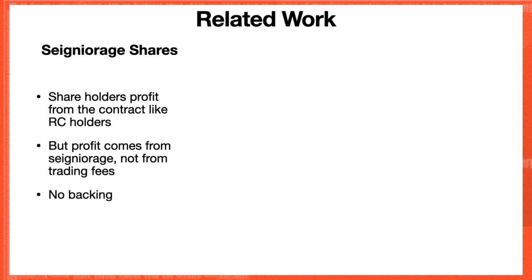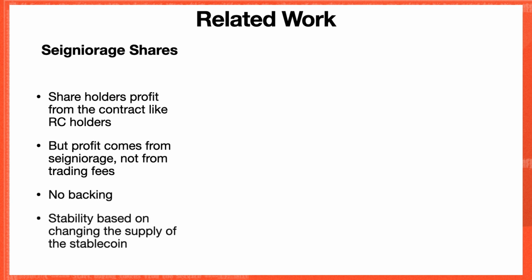In their case, there's no backing, and stability is based on changing the supply of the stablecoin. So I do think that researching unbacked stablecoins is very interesting, but I think that it's harder to achieve stability in that way. So that's why we prefer a stablecoin that is backed.